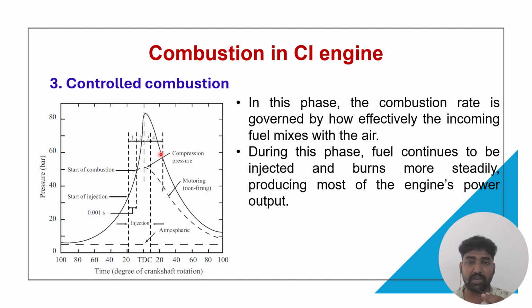The liquid fuel is continuously injected into the hot compressed air. The fuel droplets evaporate, mix with surrounding air, and burn at the edges of the spray plume. Controlled combustion usually lasts 20 to 40 degrees of crank angle, which is approximately 2 to 5 milliseconds at normal operating speed.